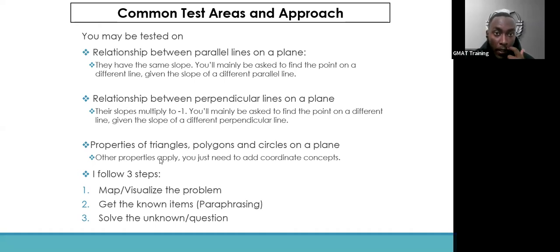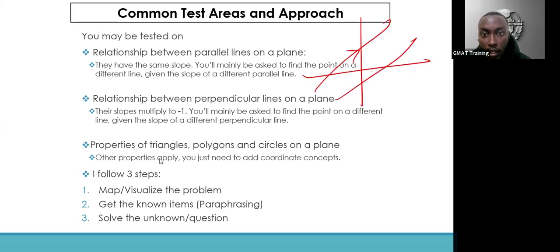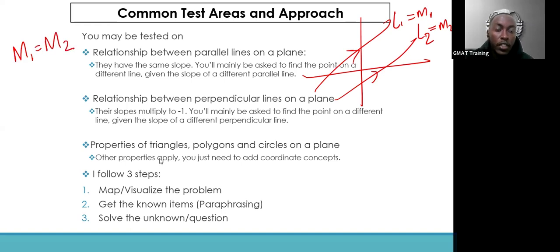For parallel lines, assume these are parallel lines, line 1 and line 2. This has gradient M1, and this has gradient M2. So for parallel lines, M1 equals M2. That means they have the same slope. You'll mainly be asked to find a point on a line given the slope of a parallel line.